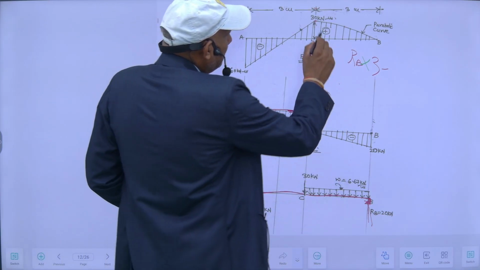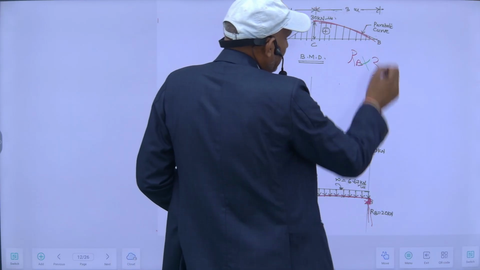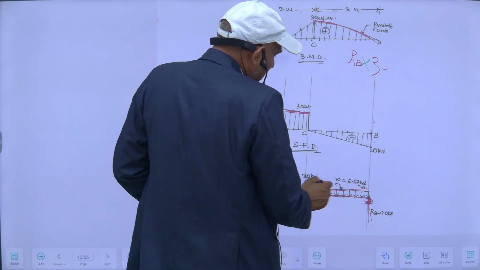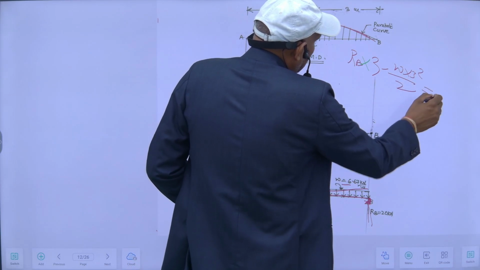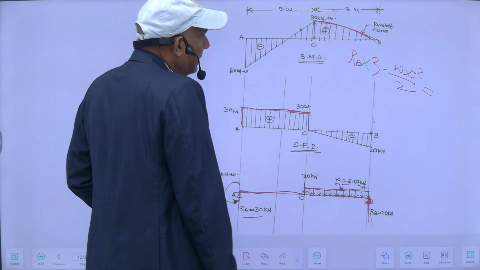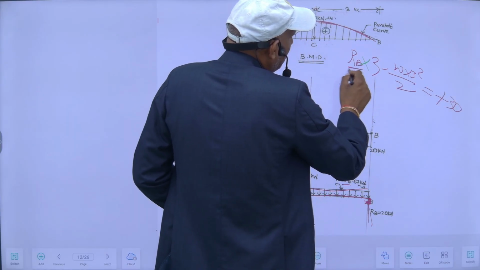There is a parabolic curve, it means some UDL is acting here. Suppose it is W, so W into 3 square by 2, and the moment here will be equal to plus 30. So here I have two unknowns, Rb and W.